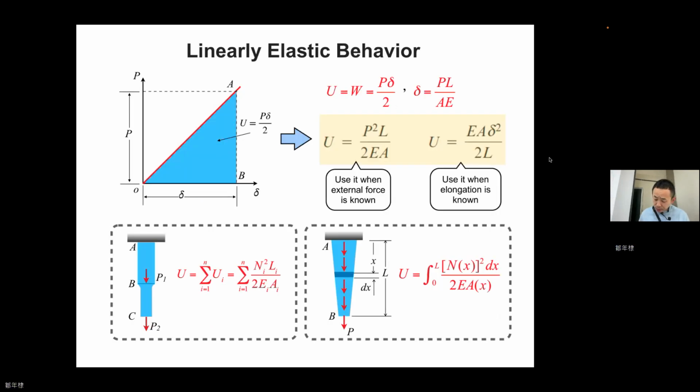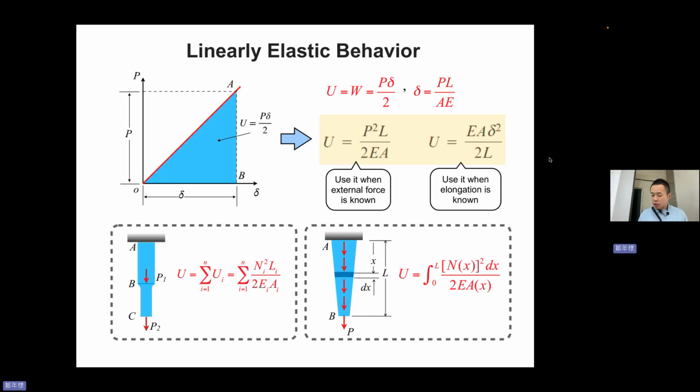That's it. So if we assume that our material is linearly elastic, this is a triangle underneath the line, and you see the internal strain energy U equals P delta divided by 2. Well, this is the area of the triangle, right?